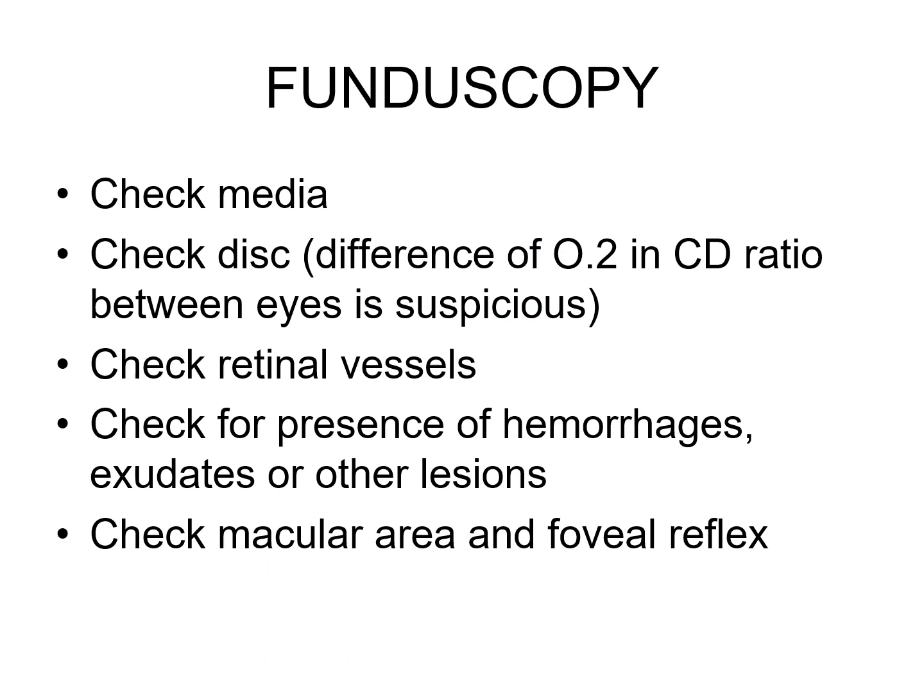The next step in the six-part eye exam is to check for the patient's posterior pole through fundoscopy. We check if the media of the patient is clear or if it has any haziness or any obstructions. We check the patient's optic disc and optic nerve, bearing in mind that a difference of 0.2 in cup to disc ratio may be suspicious for certain diseases such as glaucoma.